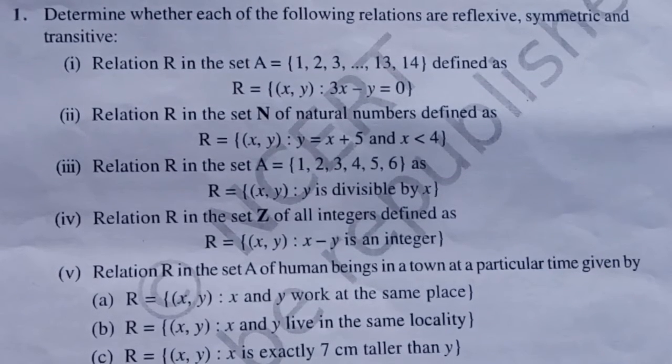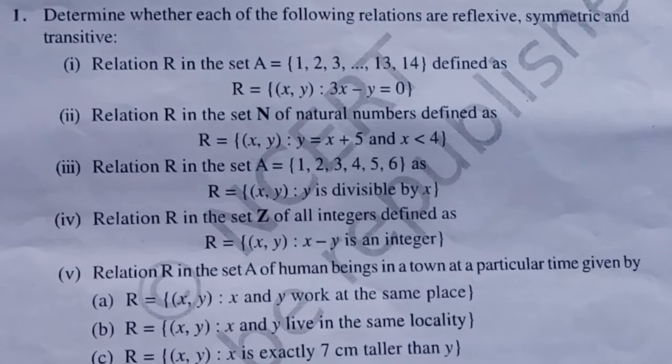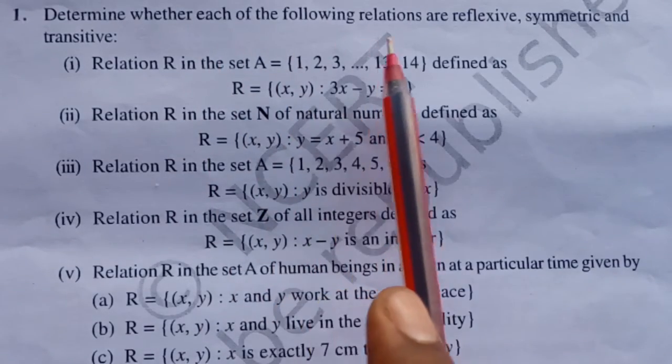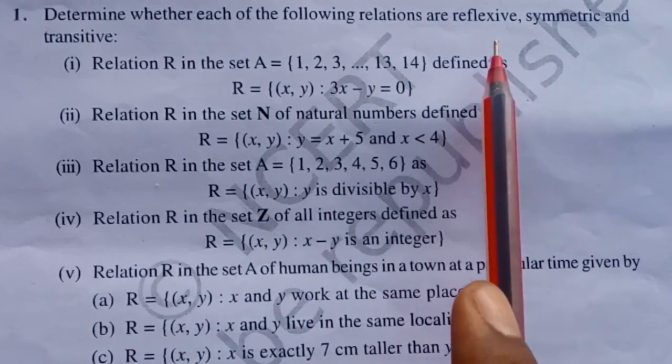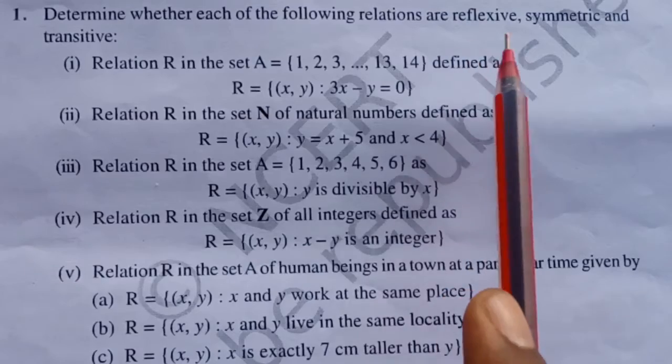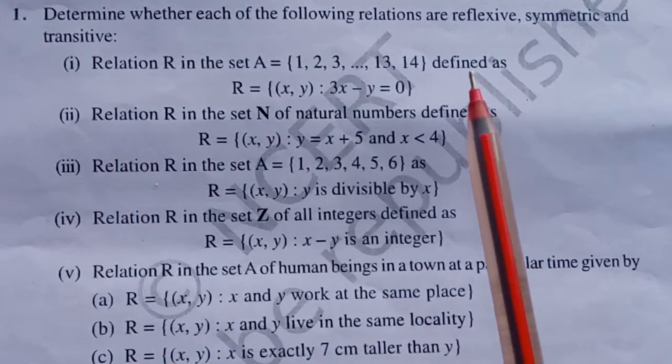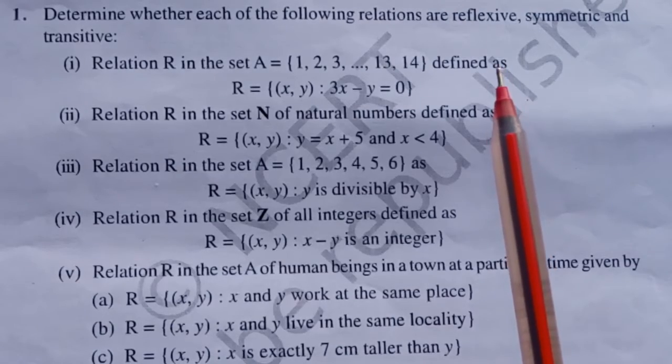In this session, now we see exercise 1.1, first problem. The question is, determine whether each of the following relations is reflexive, symmetric, transitive or not. So we want to check these three basic properties.